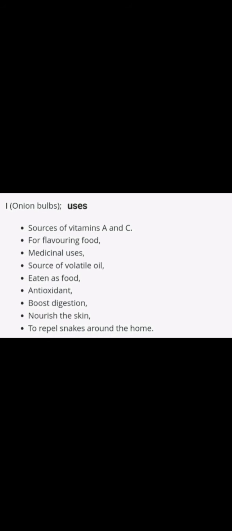It boosts digestion also, nourishes the skin, and helps to repel snakes around the home. What are the pests of onion bulbs? We have grasshopper, crickets, cockroach, monkey, thrips, rats or rodents, maggots, and eelworm. And the group of crops to which onion belongs is spices and vegetables.